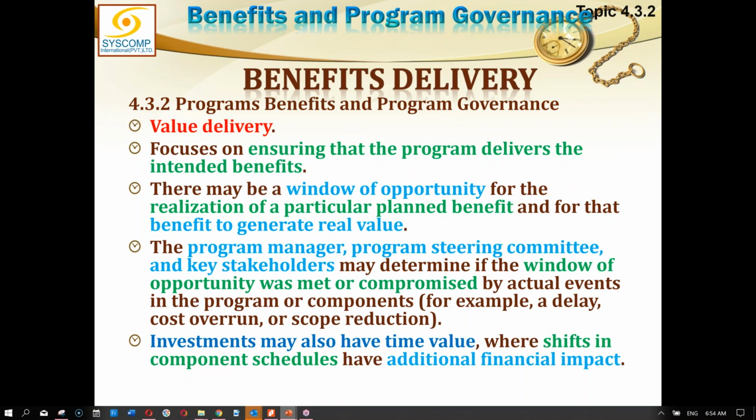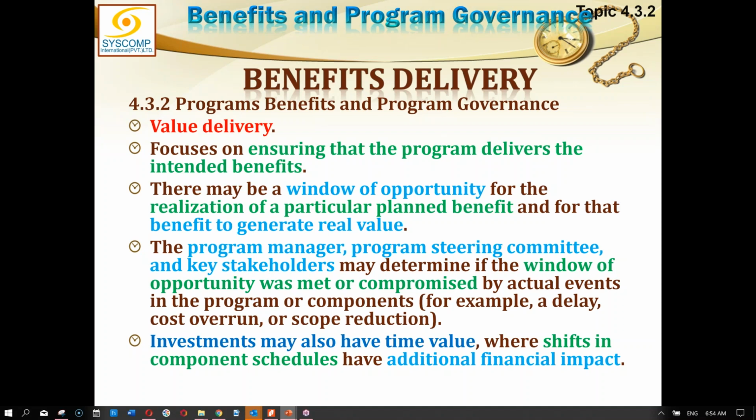As far as the value delivery is concerned, we focus on ensuring that the program delivers the intended benefits. There may be a window of opportunity for the realization of particular planned benefits, and for that benefit to generate real value. So there might be a point in time or a time span during which, if the benefits are achieved, they will give us the maximum benefit.